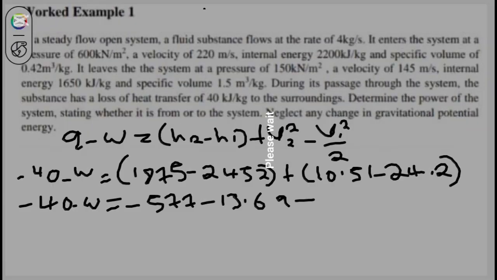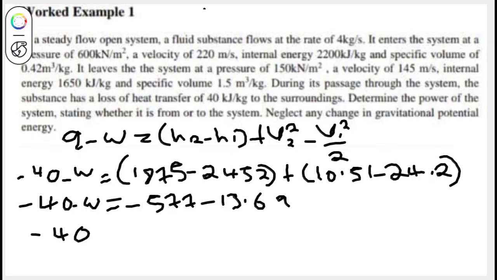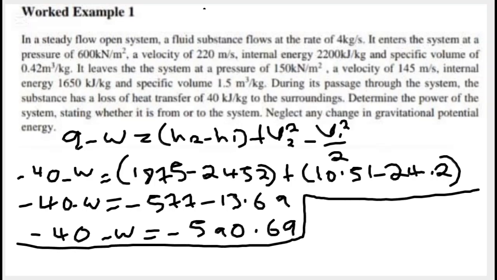So at the end, I'll get minus 40 minus W, it is the same thing as negative 590.69. So what is the next thing to do? I have to make W the subject of the formula. So what should I do next? After then, if I make it the subject of the formula, at the end, W will now be equals to 550.69 kilojoule per kg.